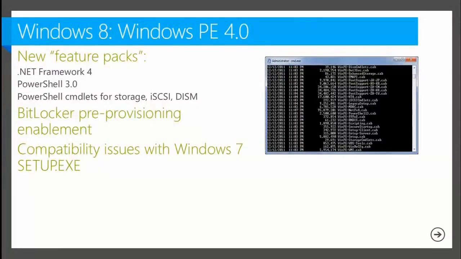You can click OK on those twice and setup will actually run, but that's kind of annoying. So if you're going to be using Windows 7 setup.exe, you want to think twice about using the new version of Windows PE.